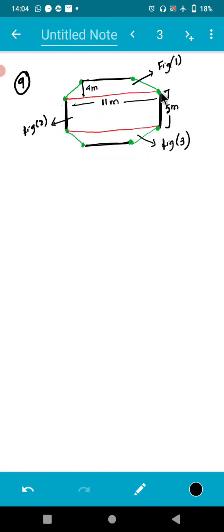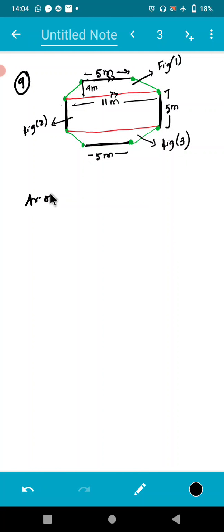So, if this is 5 meter, this would also be 5 meter. These are the 2 parallel sides. So, if this is 5 meters, another parallel side is given as 11 meter. And what is the distance given between these 2 parallel sides? It is 4 meter. So, we can easily find out the area of this figure 1.